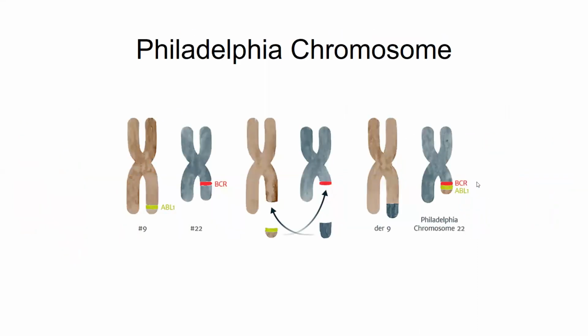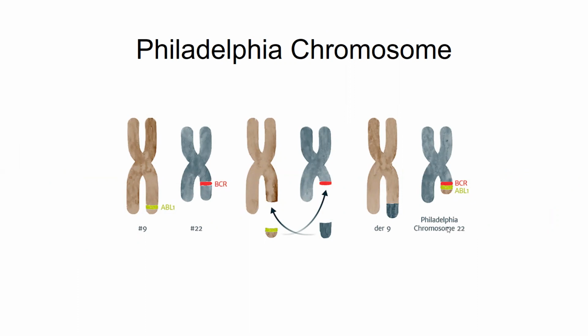I believe that the most well-known translocation is the so-called Philadelphia chromosome, and this is a genetic rearrangement in chromosome 22 of leukemia cancer cells, and in particular in chronic myeloid leukemia cells. So this chromosome is defective. This is the Philadelphia chromosome.